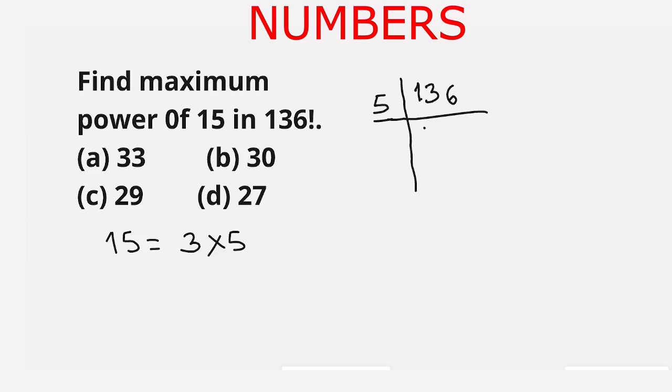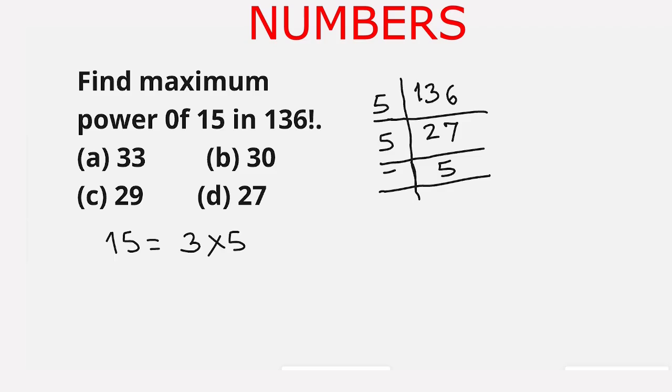5 times 2 is 10, 13 minus 10 is 3, and 7 times 5 is 35. So the quotient is 27. We again divide 27 by 5. 5 times 5 is 25 and quotient is 5.